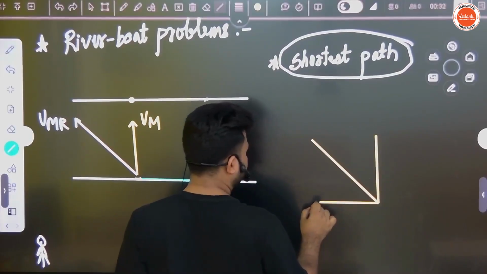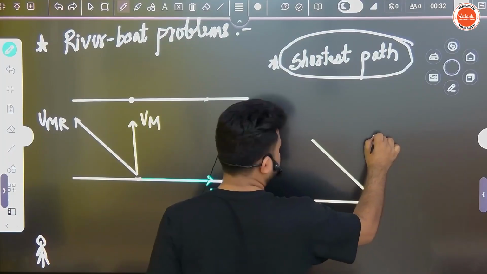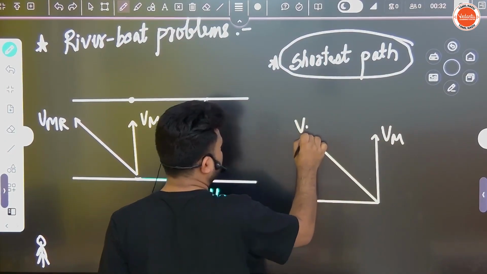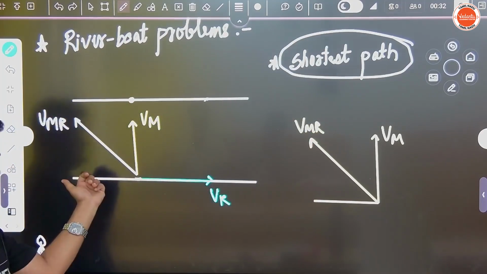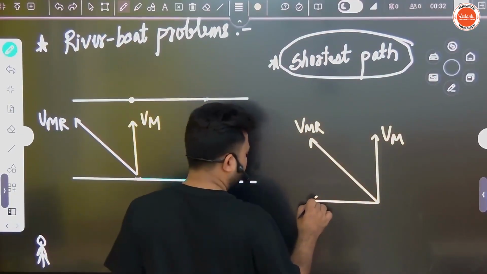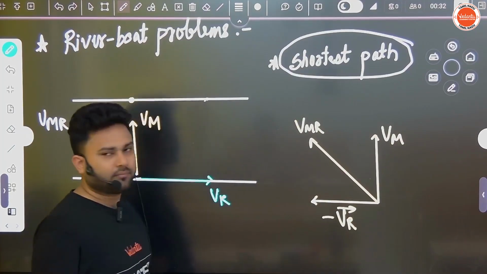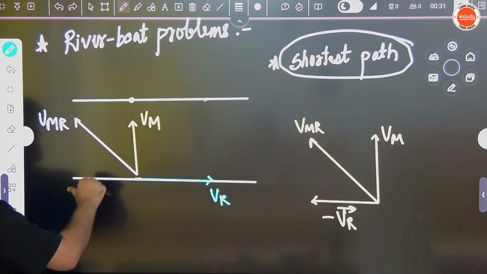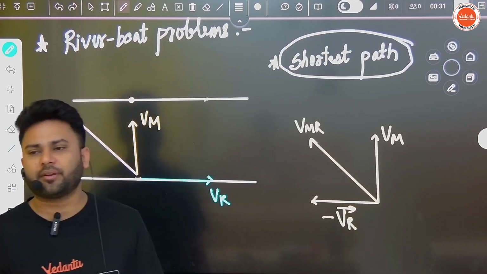And here, try to understand, this is velocity of man, this is velocity of man with respect to river, and suppose this vector, if I reverse, this is velocity of river, so this will be minus of velocity of river. Correct? This direction was velocity of river. If I reverse, this direction will be minus of velocity of river. This diagram you just have to remember.